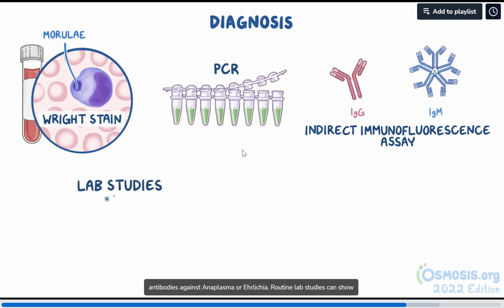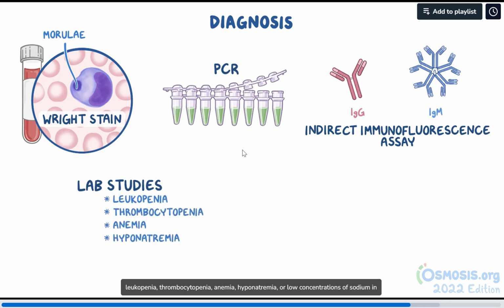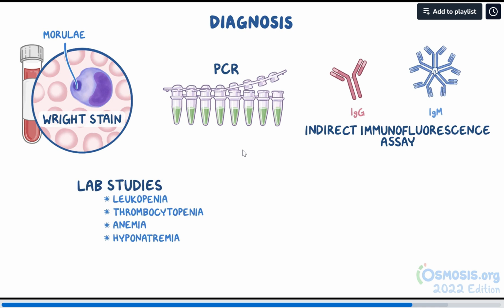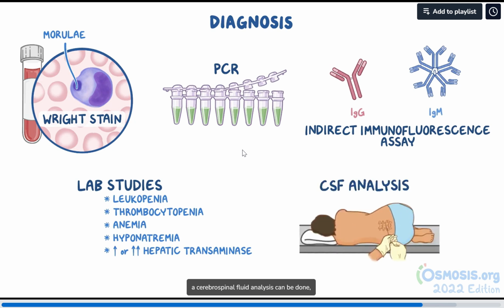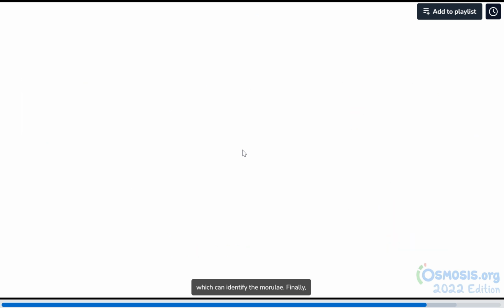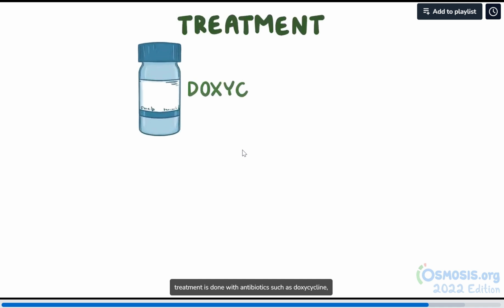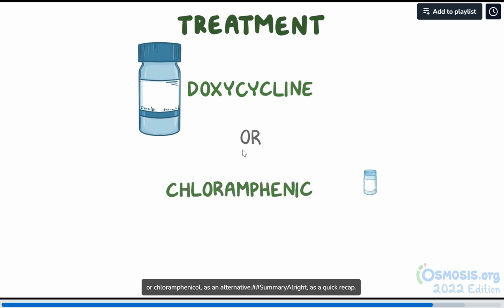Routine lab studies can show leukopenia, thrombocytopenia, anemia, hyponatremia, or low concentrations of sodium in the blood, and mildly or moderately elevated hepatic transaminase levels. When there's central nervous system involvement, a cerebrospinal fluid analysis can be done, which can identify the morulae. Finally, treatment is done with antibiotics like doxycycline as the first drug of choice, or chloramphenicol as an alternative.